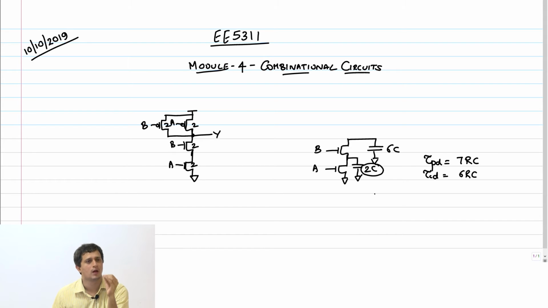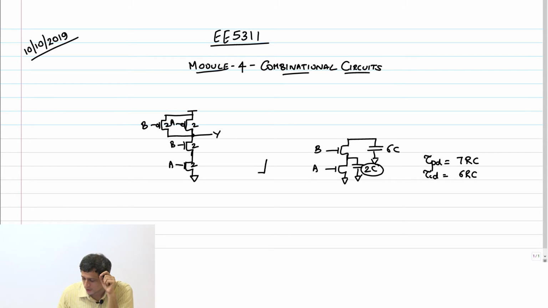And therefore, when you have a critical input, when I say critical input, I mean a timing critical input, then that input has to be connected to the transistor which is closest to the output. Okay. So, for example, these two signals A and B, right?